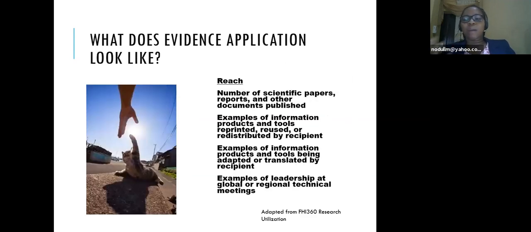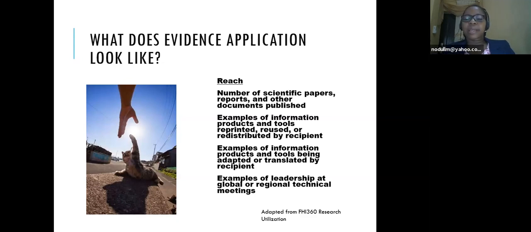And when we think about the reach aspect of evidence use, we're thinking about how many people we're supposed to reach or we have reached, number of papers published, peer reviewed, of course, number of documents published, information products, tools released, and reprinted because the evidence has been overwhelming.